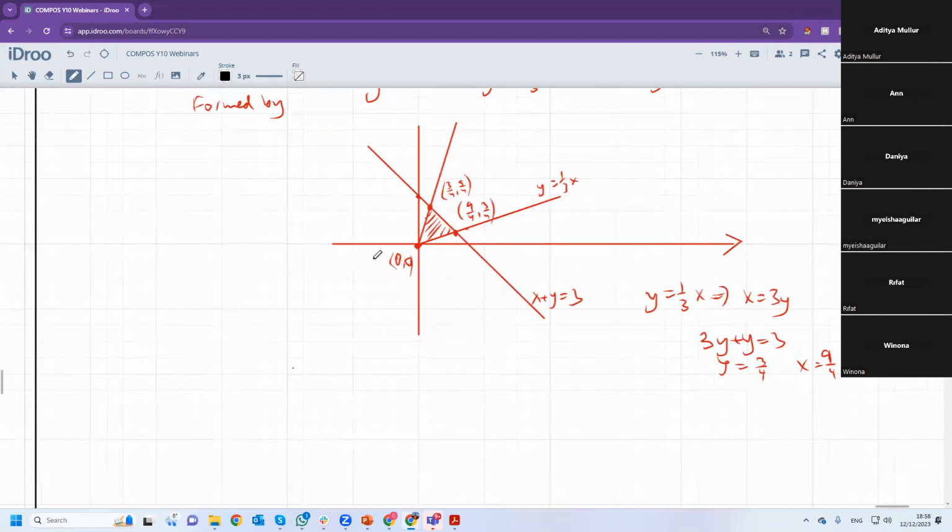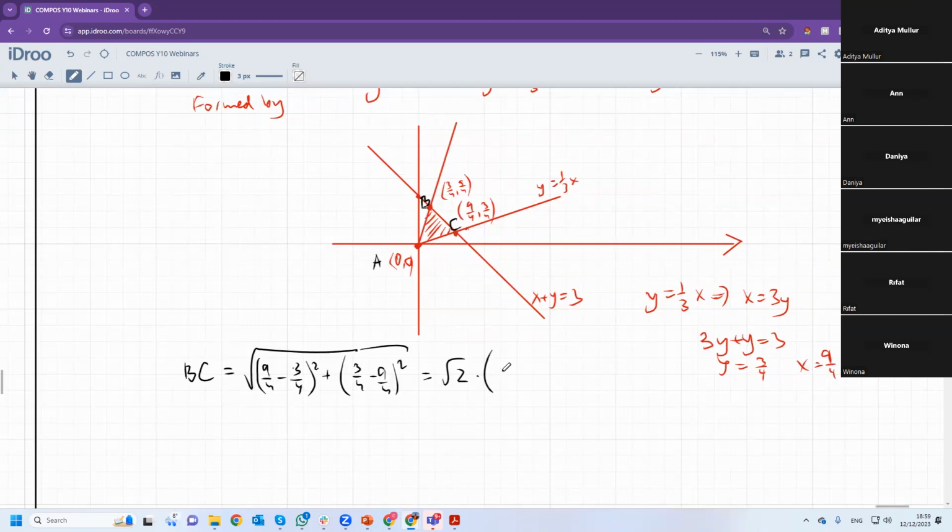Let's call the triangle A, B, C. So I can find BC is equal to the square root of (9/4 minus 3/4) squared plus (3/4 minus 9/4) squared. That's square root of 2 multiplied by 3/4... 6/4... 3 square root of 2 over 2.